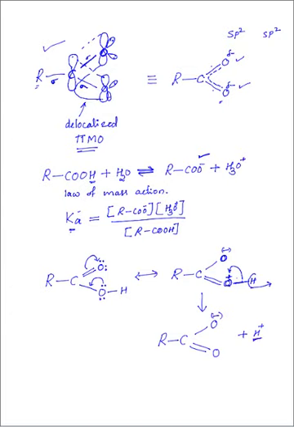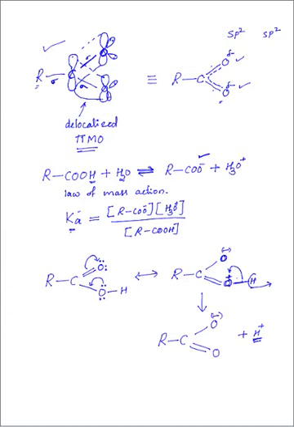If a compound gives H plus easily, then it becomes an acid. So due to that, carboxylic acid is acidic in nature, and its acidity, that is the dissociation constant of an acid, is represented by Ka. But the Ka values of carboxylic acids are usually very small and consist of negative powers of 10.